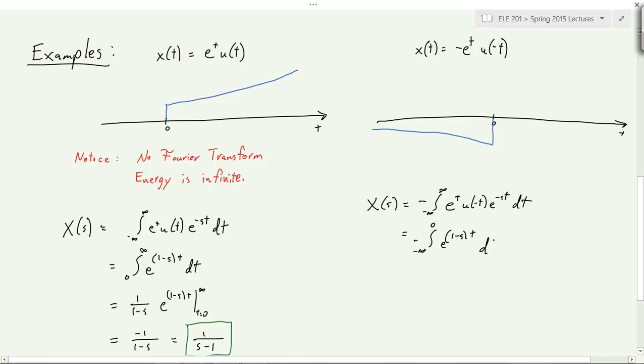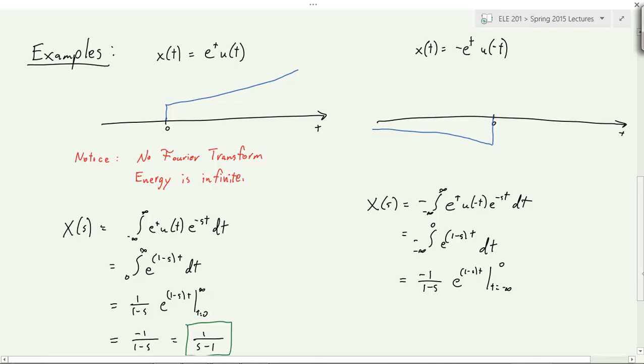Starting to look kind of similar, all right, except the integral is a different set. Okay, so this will equal, well, we work it out. We'll get a negative 1 over 1 minus s times e to the 1 minus s, t, evaluated from t equals negative infinity to 0.